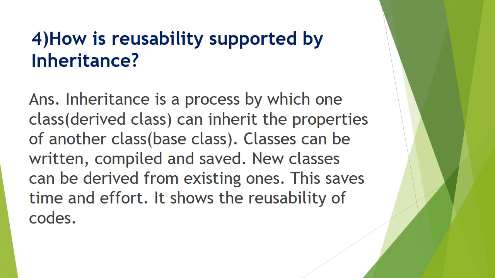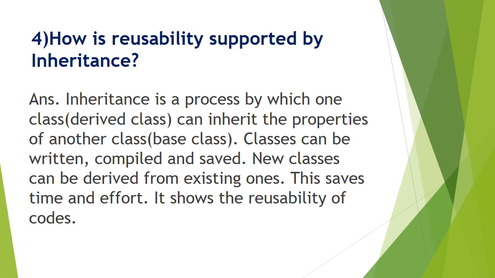When it inherits the property from the base class, that coding, that part of data can be reused. No need to write it again in that derived class. Again we can use that coding, we can use that data in the derived class.